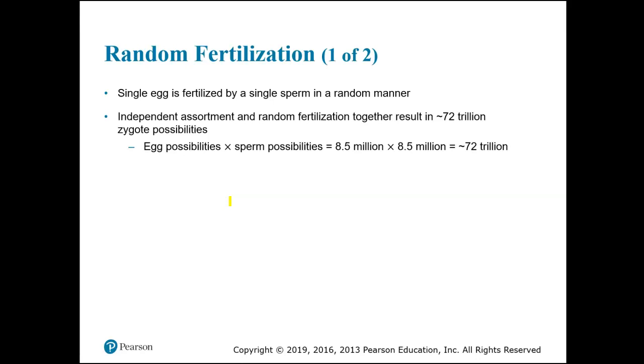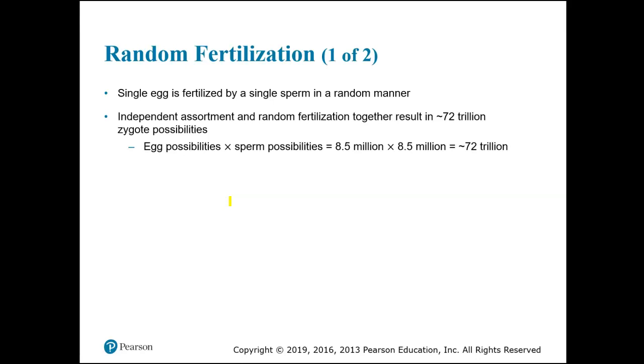So each of the eggs and each of the sperm that are produced have different combinations of alleles that came from the parents of the one who produced the egg and the sperm. So because the eggs and the sperm that are produced in those individuals are different, depending on which sperm fertilizes which egg, you can have different combinations. So that's all random fertilization is.